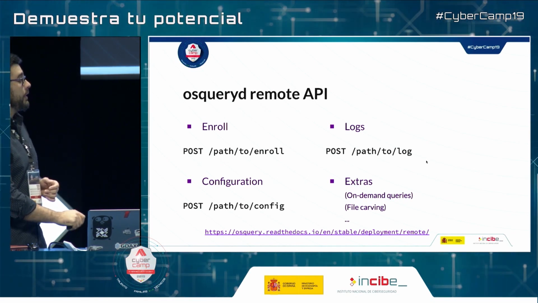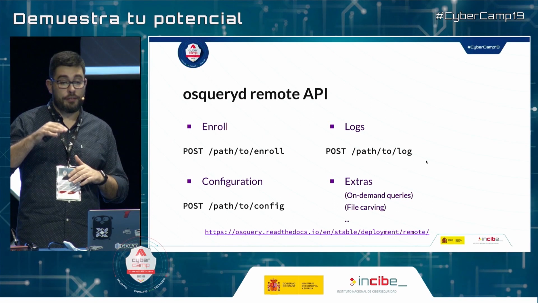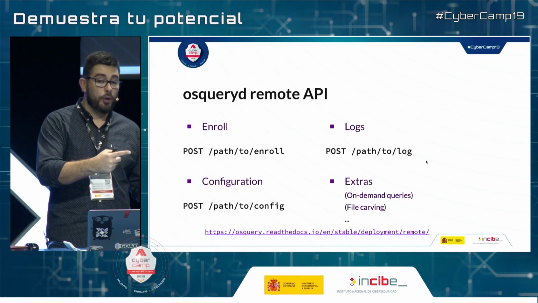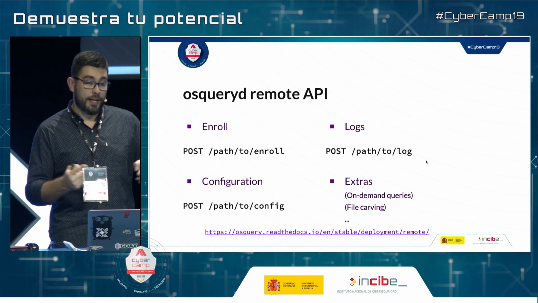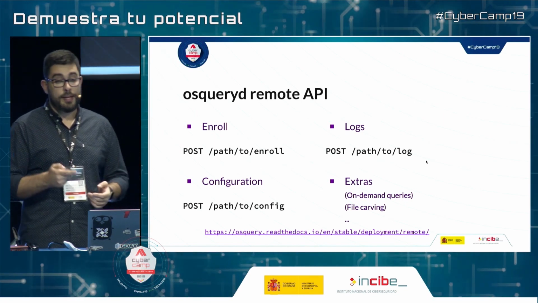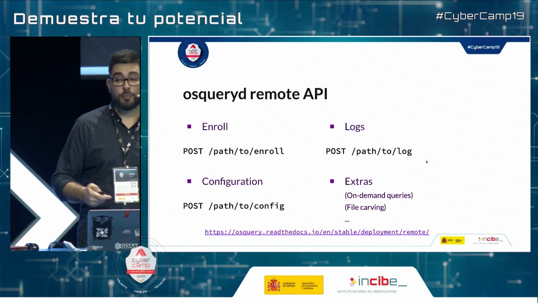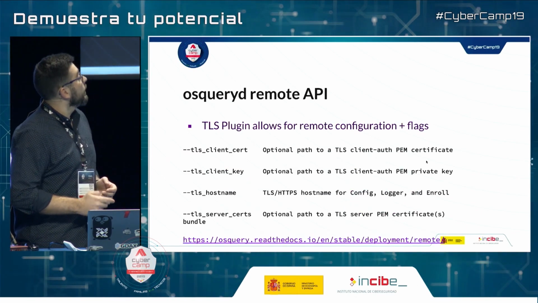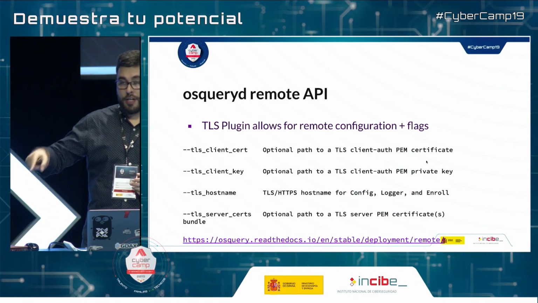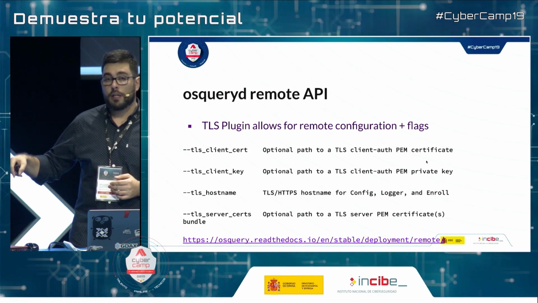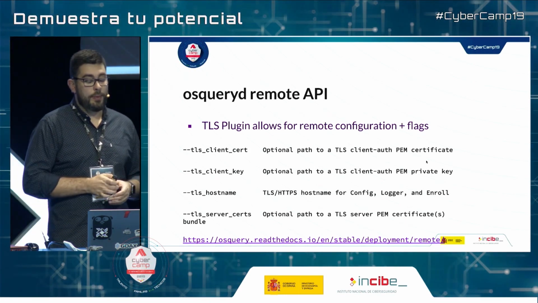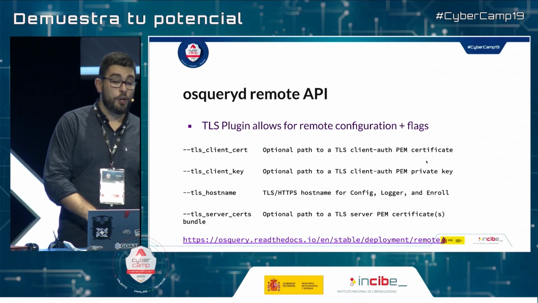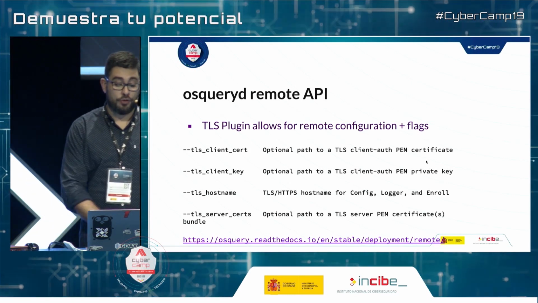The documentation for osquery is very well prepared, and you have it here on this URL. It can say what the format will be, what you should expect it to give you, the information you should expect to receive. And it's very easy to follow because the documentation is really well prepared. Either in flags or remote configuration, there are a number of values that you need to configure so that osquery can use a remote system.